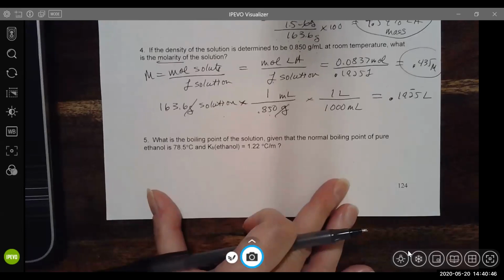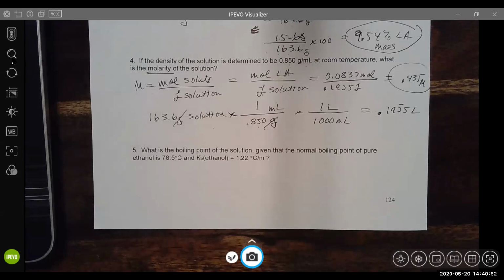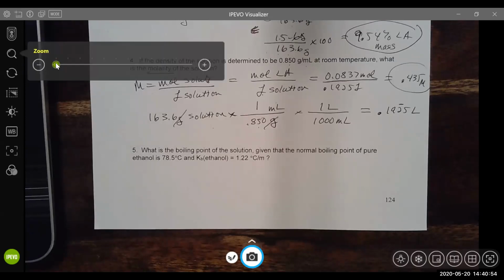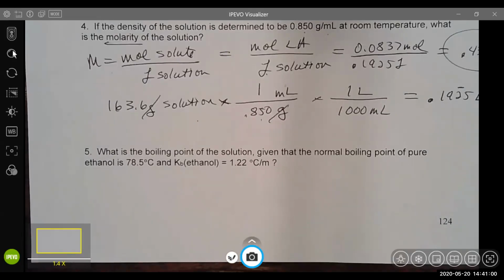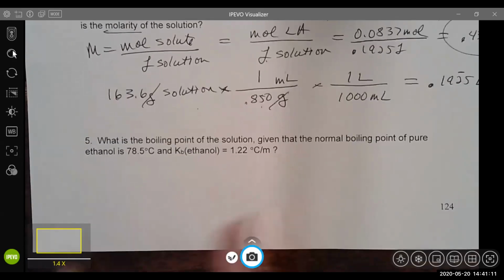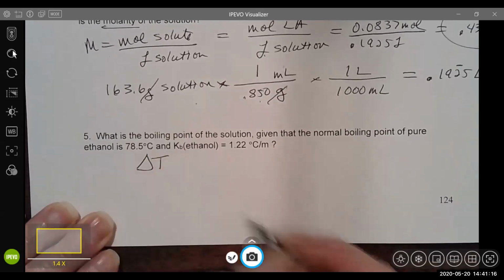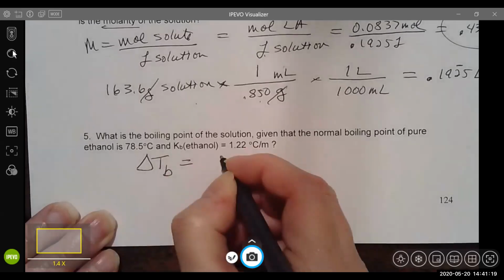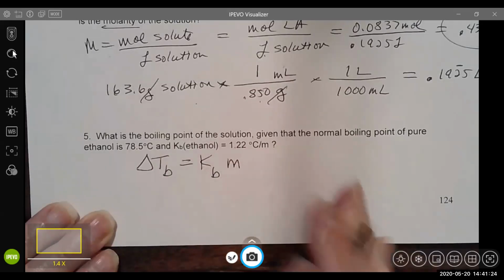All right, so the last problem down here says, what is the boiling point of the solution, given that the normal boiling point of pure ethanol is 78.5 degrees Celsius and its boiling constant is 1.22 degrees Celsius per molal? So we need a real simple equation that says the change in temperature for boiling is going to be the boiling constant times the molality of the solution.